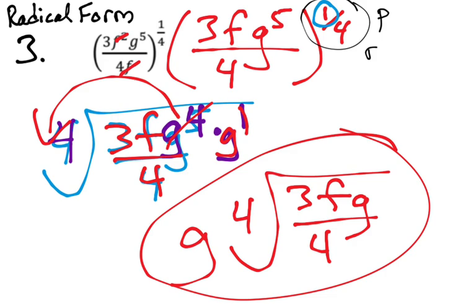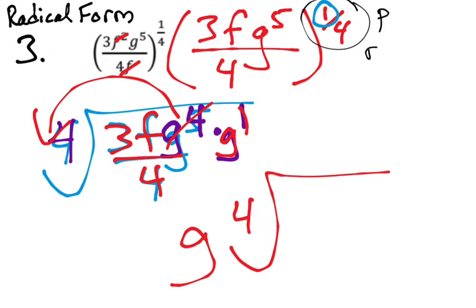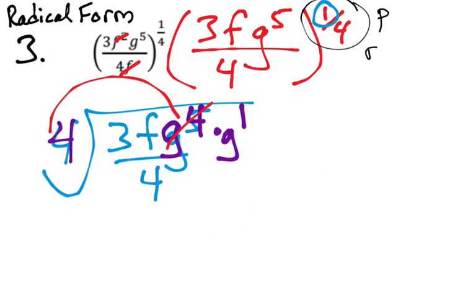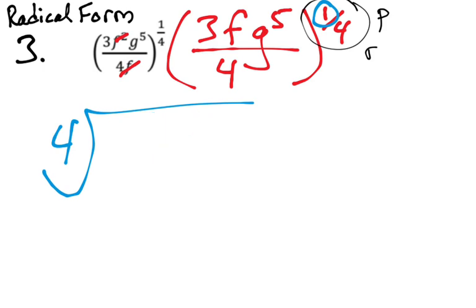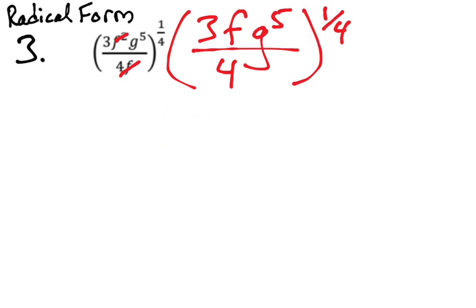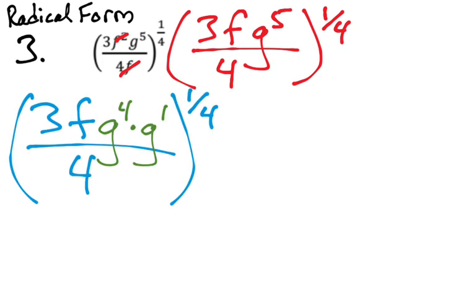If that is not the easiest answer for you to understand, then here's a very quick other way of doing it. You could also do the g to the 5th power separation part and make it into a g to the 4th and g to the 1st.